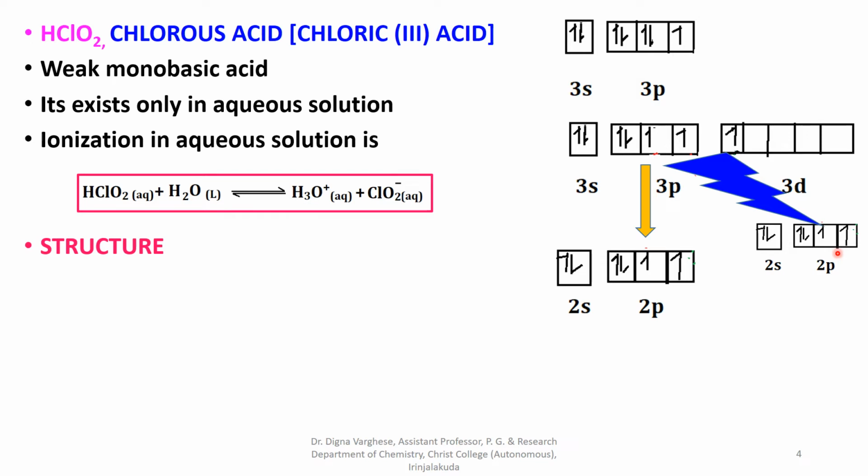another sigma bond, and there is one pi bond between chlorine and oxygen, that is by the 3d orbital of chlorine atom and the 2p orbital of oxygen atom, forming a d pi p pi bond.